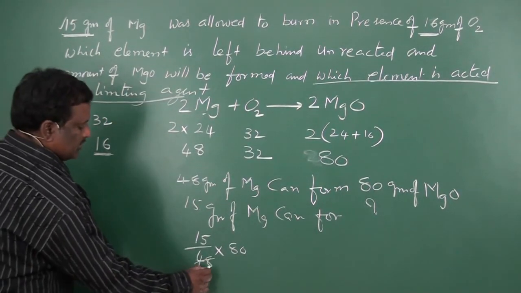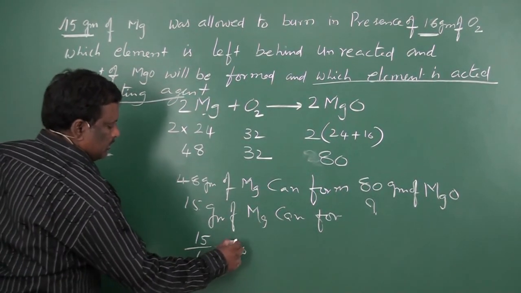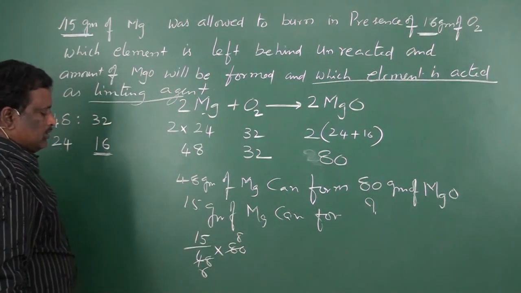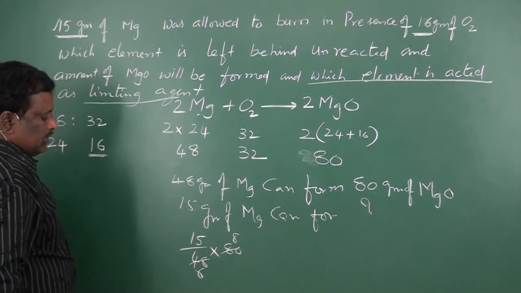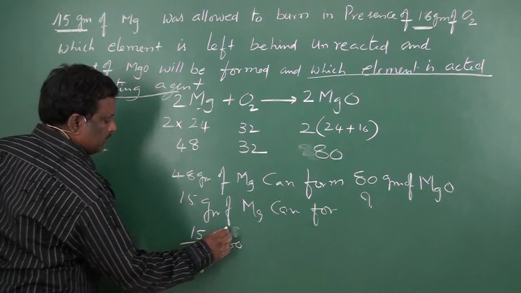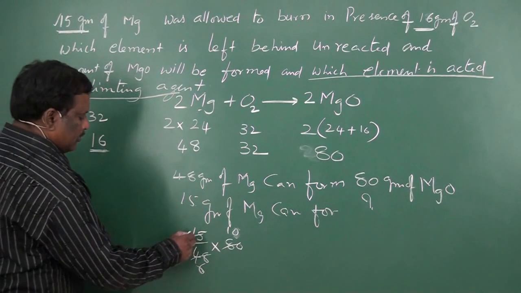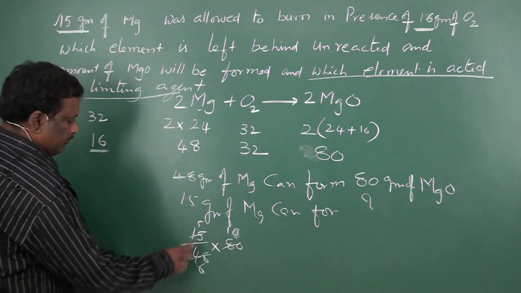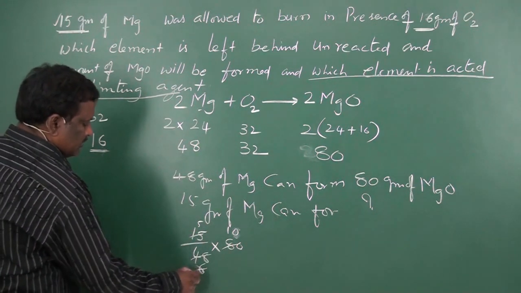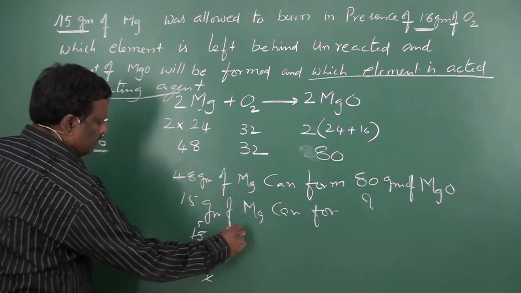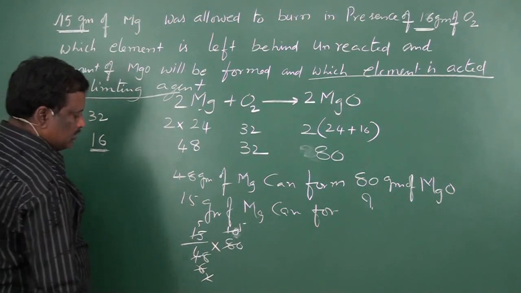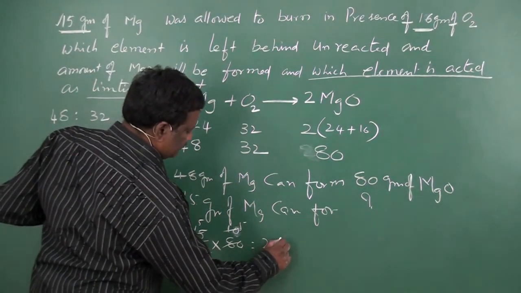Just use the 8th table. 6 8s are 48, 10 8s are 80. So 150 by 6, and third table here we have 5. 5 3s, 2 3s, 2 here 5 times. So this is 25.